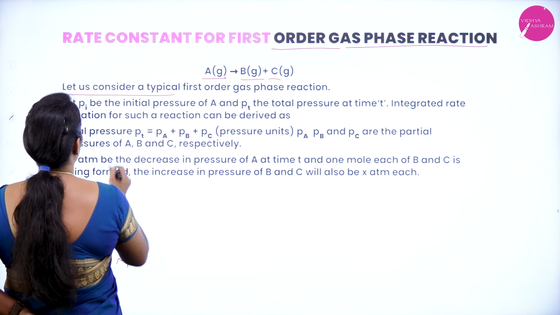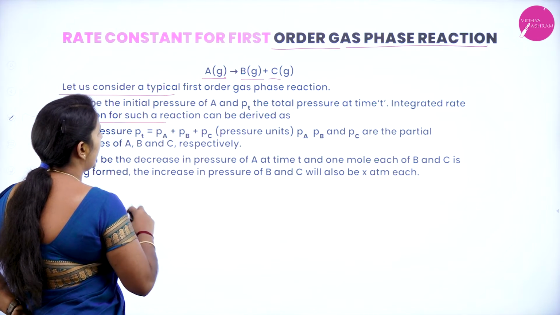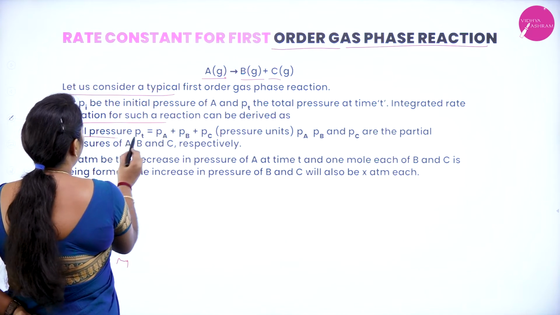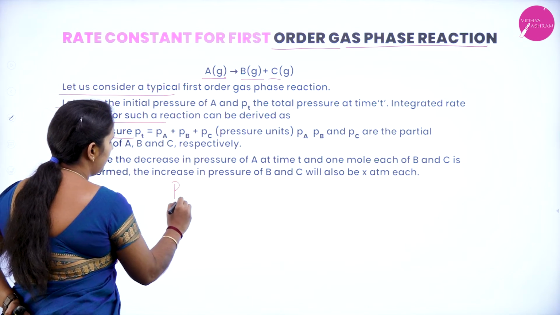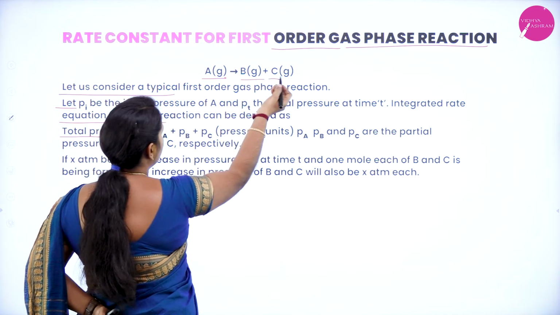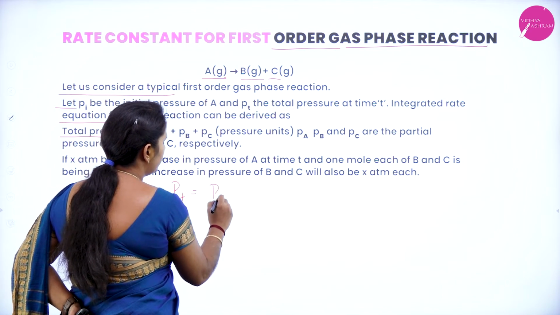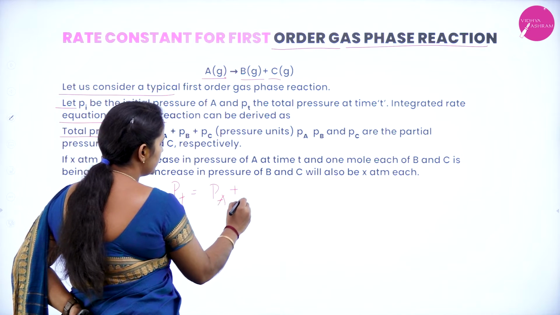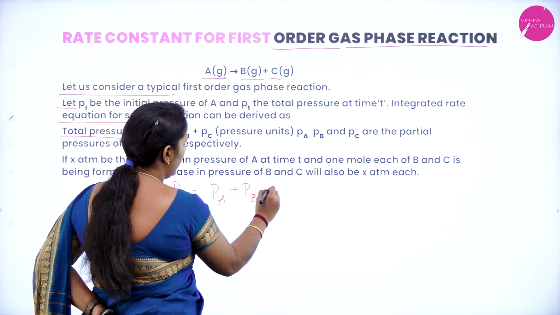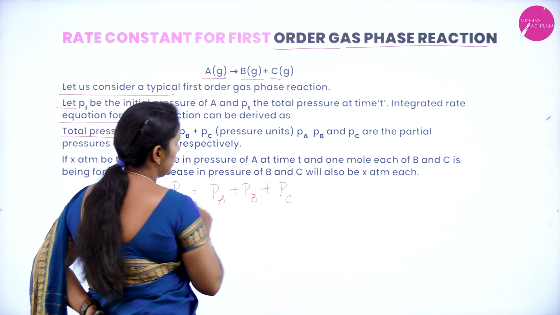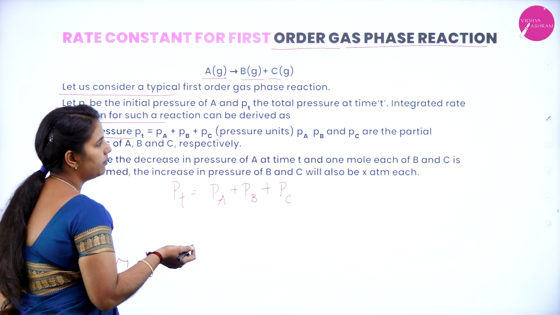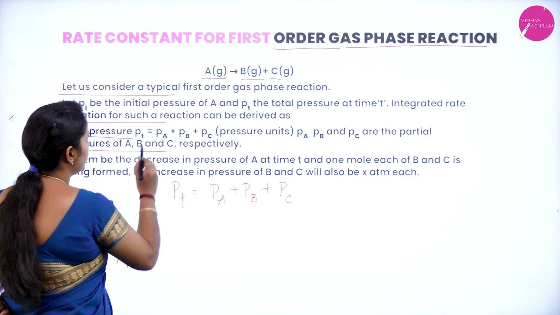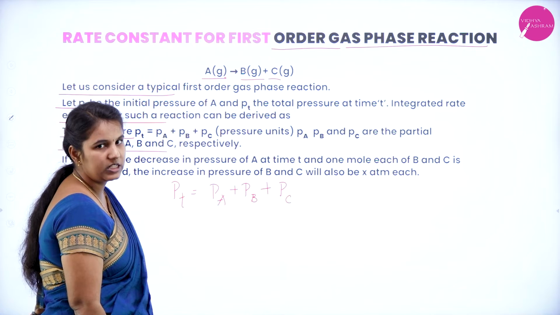The integrated rate equation of such a reaction can be derived in terms of total pressure. We know that Pt is nothing but the sum of the pressures of how many components? Three. So the total pressure is the partial pressure of A, plus the partial pressure of B, plus the partial pressure of C. Pa, Pb and Pc are the partial pressures of A, B and C respectively.